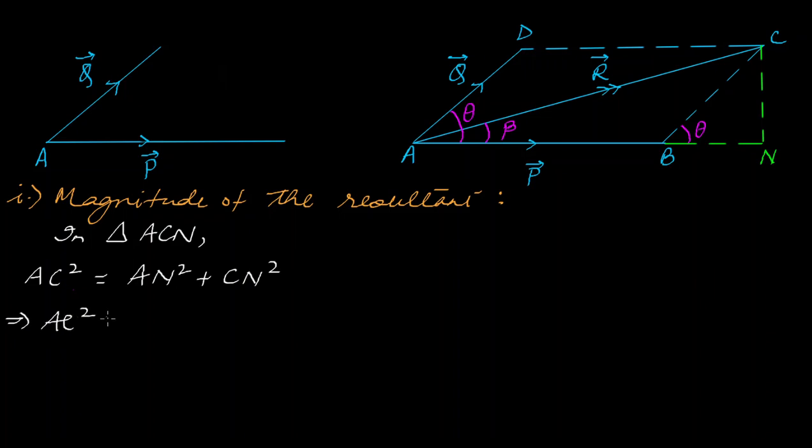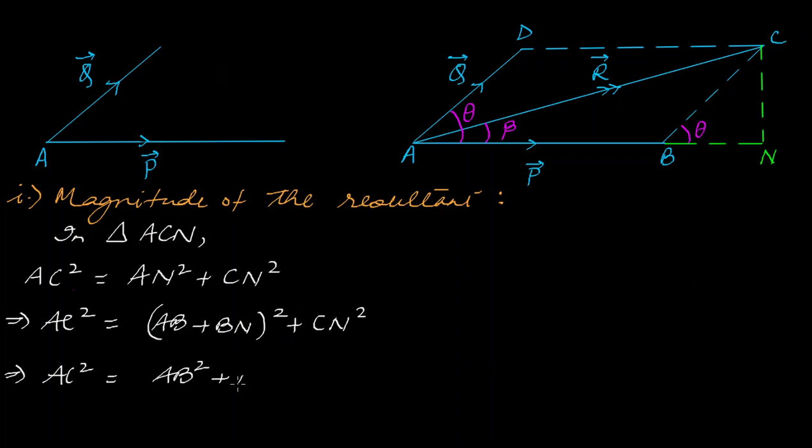And AN is AB plus BN, so AC square is equal to (AB plus BN) whole square plus CN square. Here we can apply the (a plus b) whole square formula. So you have AC square is equal to AB square plus BN square plus 2 AB BN plus CN square.